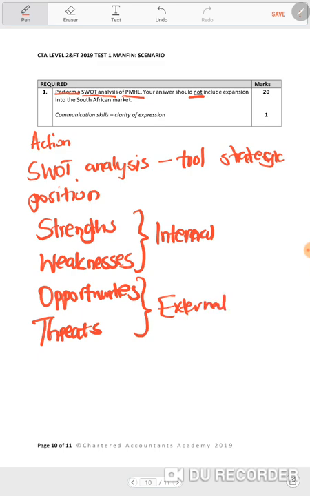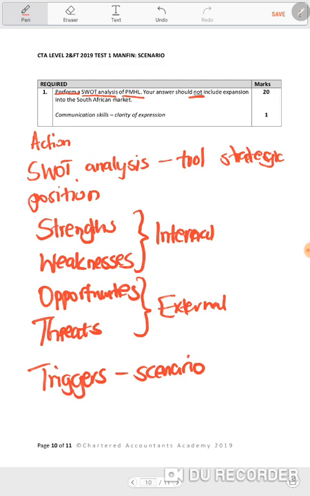Now, for you to answer this required, you are supposed to identify triggers from the scenario. So we have been given a lot of information, so we are supposed to pick triggers from the scenario which would adequately address SWOT analysis.